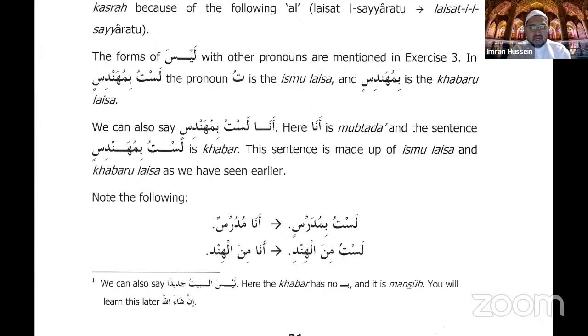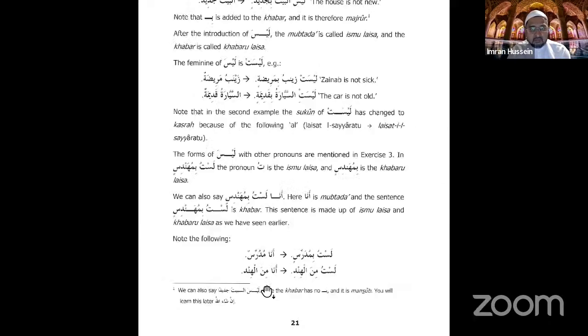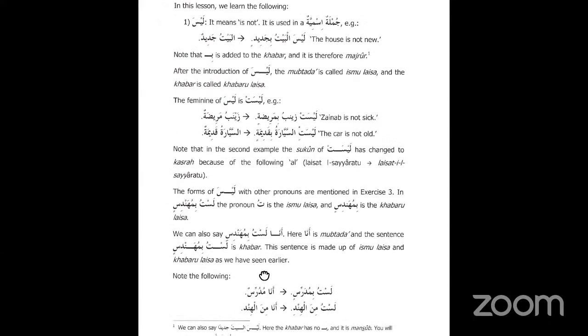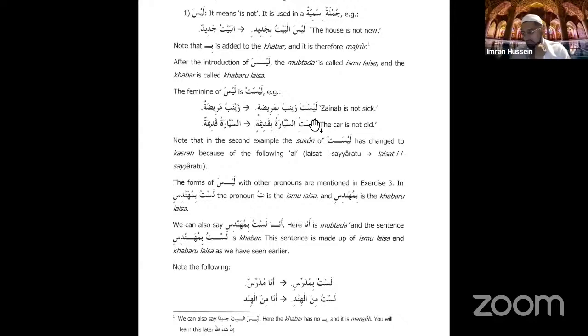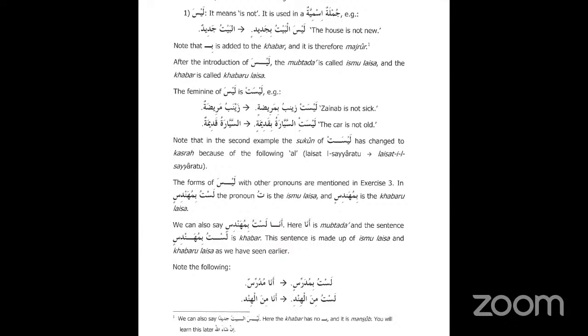What does Kana do when it comes in a sentence? You have ismu kana and khabaru kana. Correct. And is it just exactly like inna, right? Opposite, yeah.